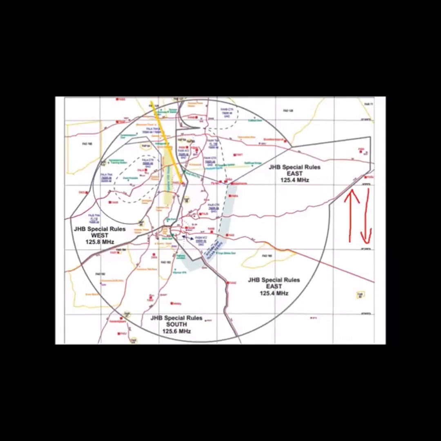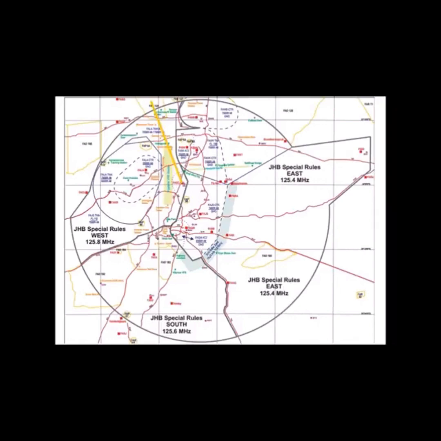This means that in order for you to operate within the special rules area, you don't need to only be familiar with the airspace, you also need to be familiar with the frequency, as per here, there's 125.8 again as the example, and then what is required of you as the pilot with regards to that frequency. This is very different to flying in controlled airspace. Again, I'm highlighting Lanseria CTR over here as a reference, because inside controlled airspace, ATC is going to give you the instructions and tell you what's required.